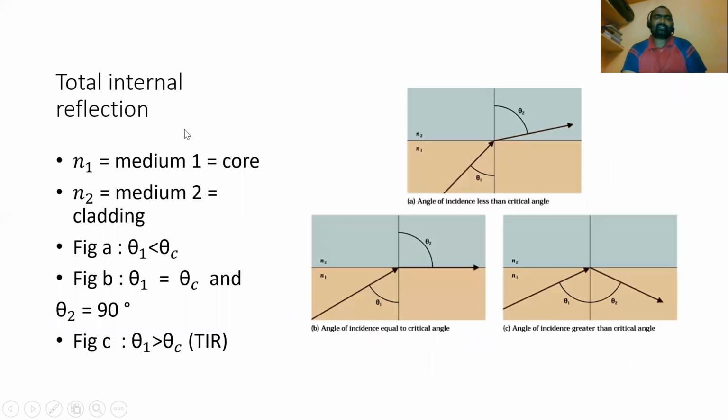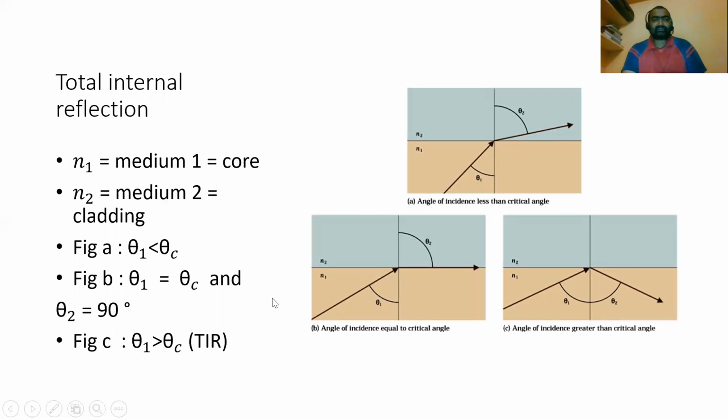Next, let us see the total internal reflection mathematically. Let us consider there are two regions. This somewhat yellowish region is called N1, whose refractive index is high. Let us consider another medium whose refractive index is N2. Of course, N1 is greater than N2.